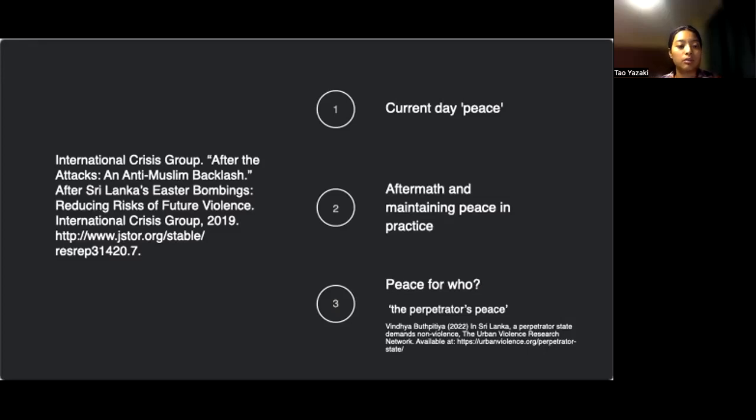So I thought this would be interesting to include in the library, just to see, 22 years after the war, after the country has taken an attitude of the war is over, it's behind us, how the nationalist rhetoric of Sinhala Buddhism is still very prevalent.